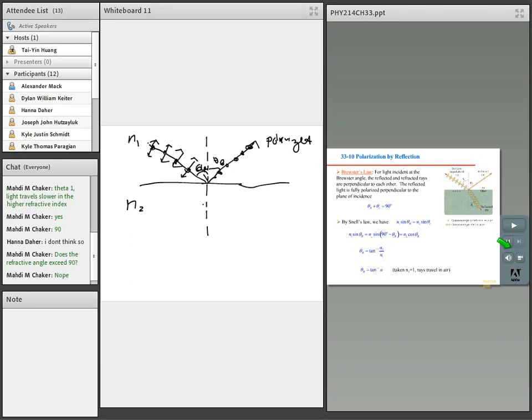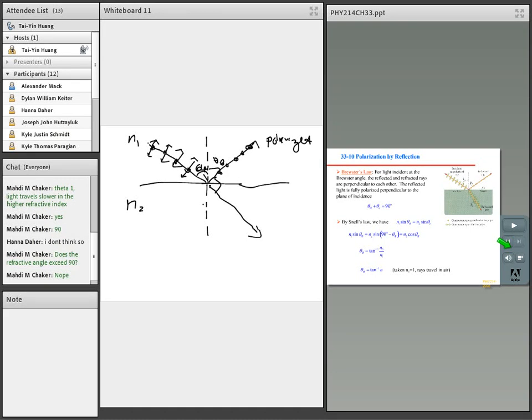And if the angle is theta B, what will be the direction of the refracted ray? We found that when the angle is incident at the Brewster's angle, and this is the refracted ray, this angle has to be 90 degrees.